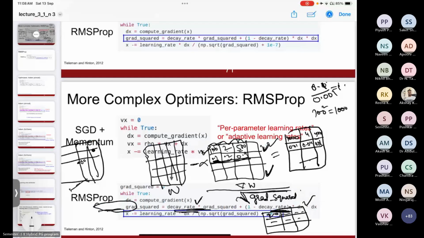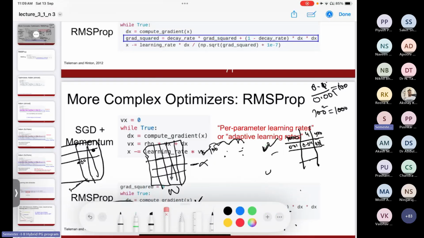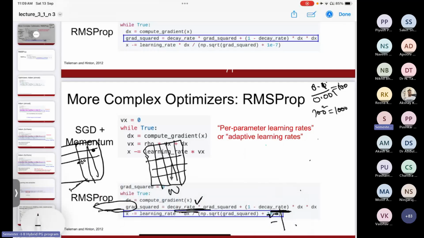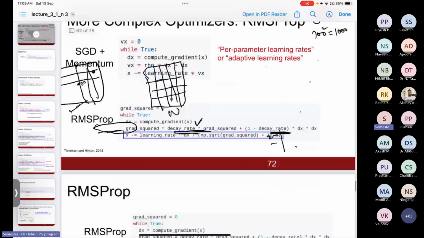Okay, so now you can observe here. We are making the small value large and the large value small so that everyone will be on the same page. The purpose of this is to make everyone on the same page. That means make every value similar so that there will be uniform change in every direction.